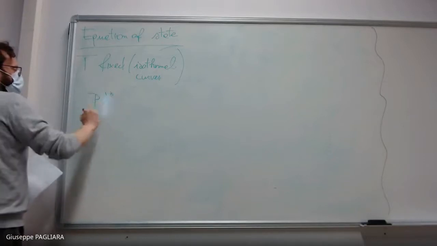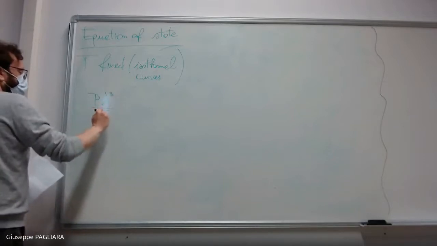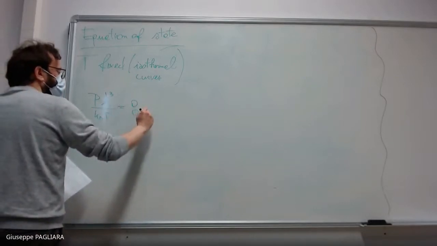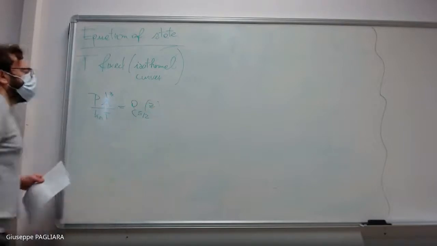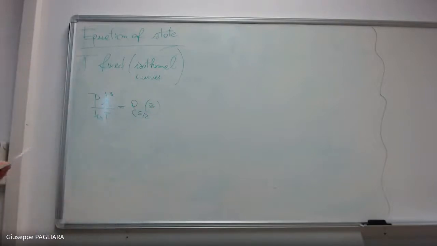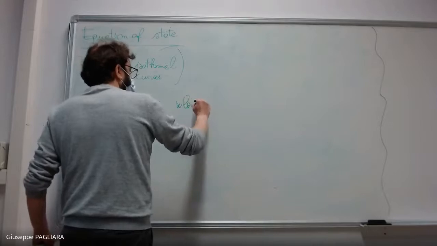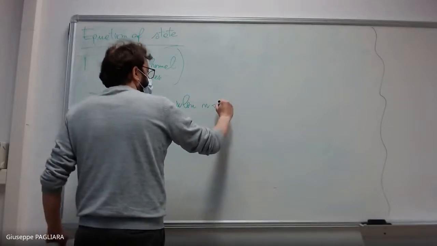So this equation: P lambda cubed divided by KBT is equal to g_{5/2}(Z) when n is smaller than the critical density. Okay, when n is smaller than nc.